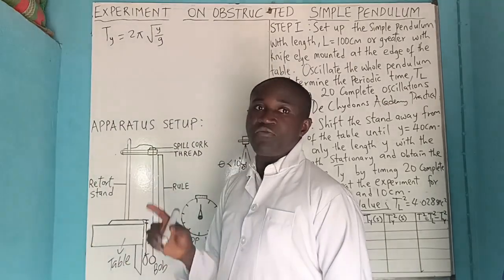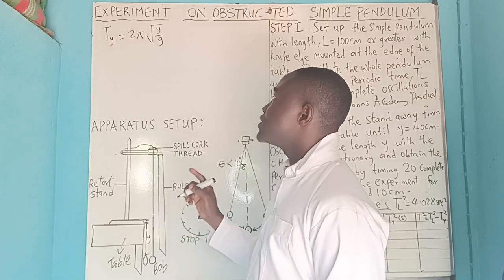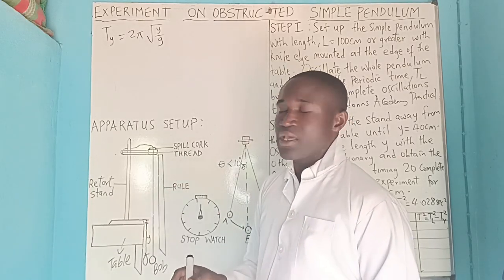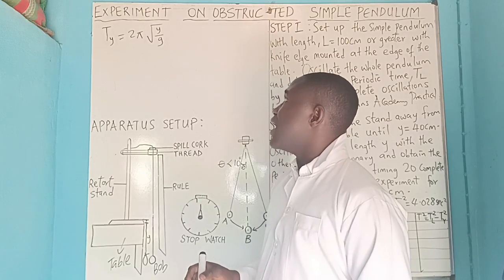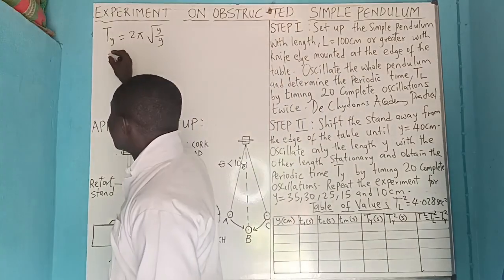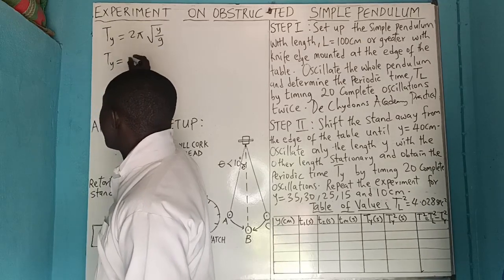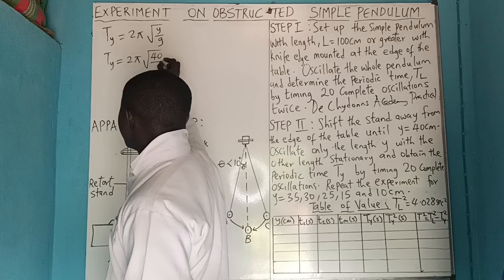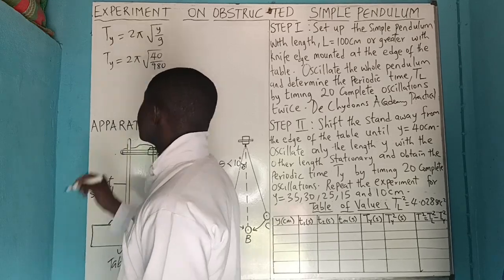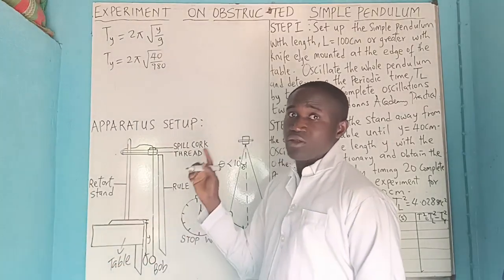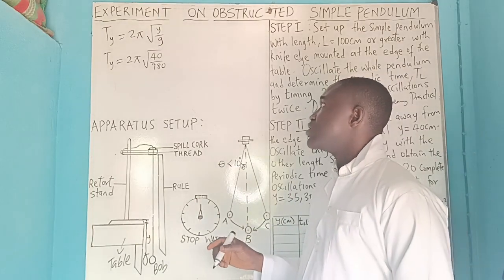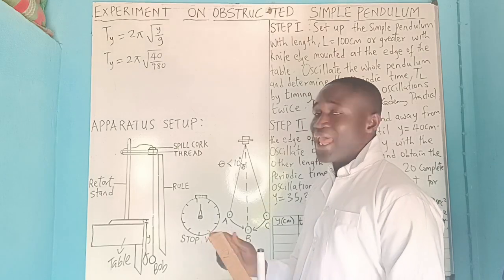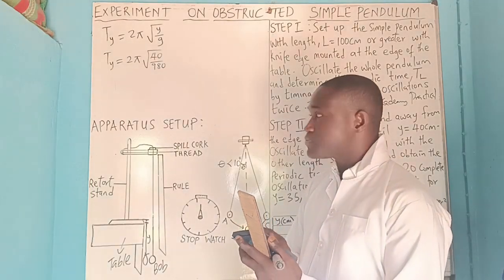Since we say period for length equals 2 pi root L over g, period for y will be equal to 2 pi root y over g. Are you getting it? And so, we will say that T_y will be equal to 2 pi root, the first one is 40 all over 980. After that, you do the one of 35 all over 980. You do the one of 30 all over 980. Like that. Let's check it.